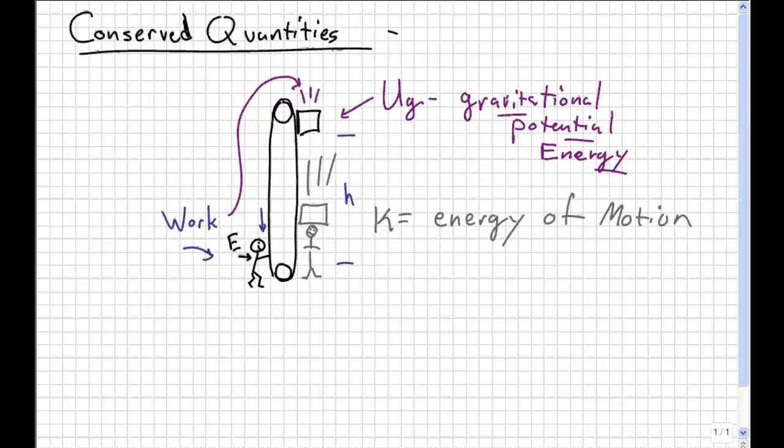So what we're going to be looking at in this unit is, in one case, energy as a conserved quantity. So let's go and examine some of that right now.